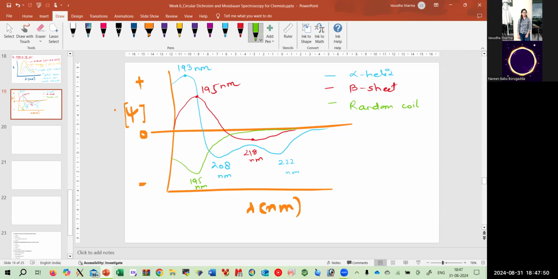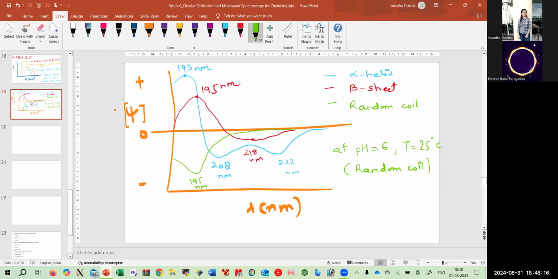At pH equals 6 and temperature, I'm writing it as capital T, 25 degrees, that is room temperature, we will only see the random coil starting from the negative region. I have drawn everything over here.